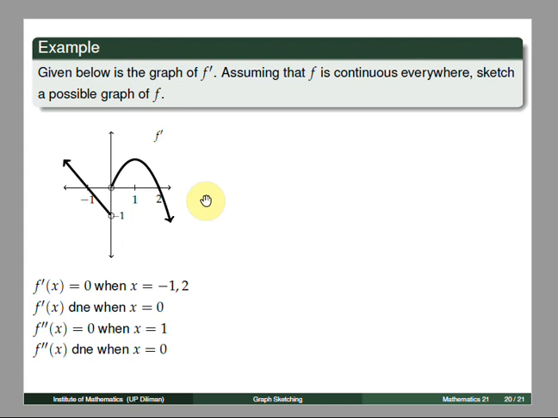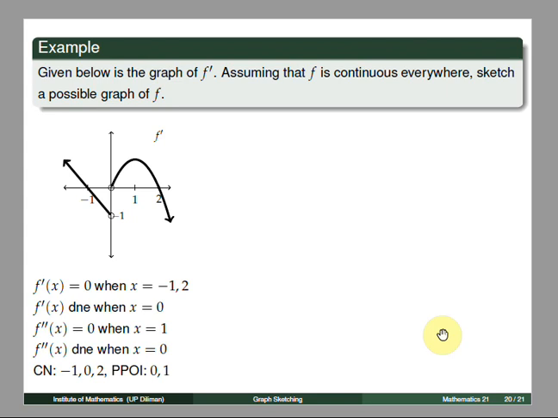Now gathering these facts, we now see that our critical numbers are -1, 2, and 0 from f prime, and our possible points of inflections are 0 and 1 from f double prime. Great! We're now ready to construct the table of signs of f prime and f double prime.